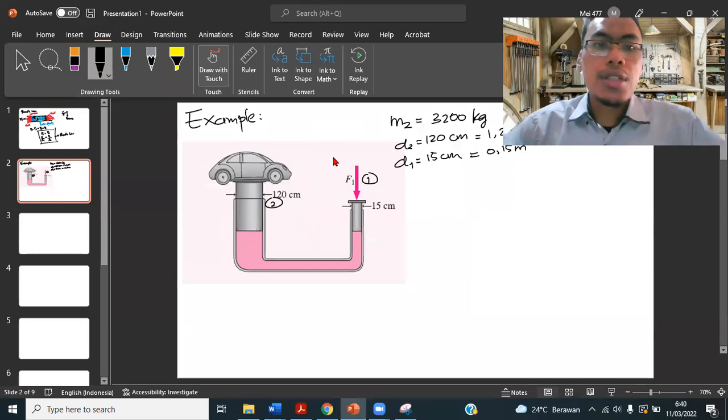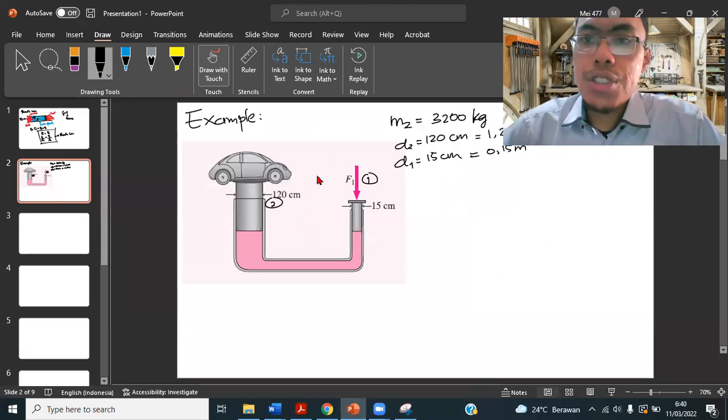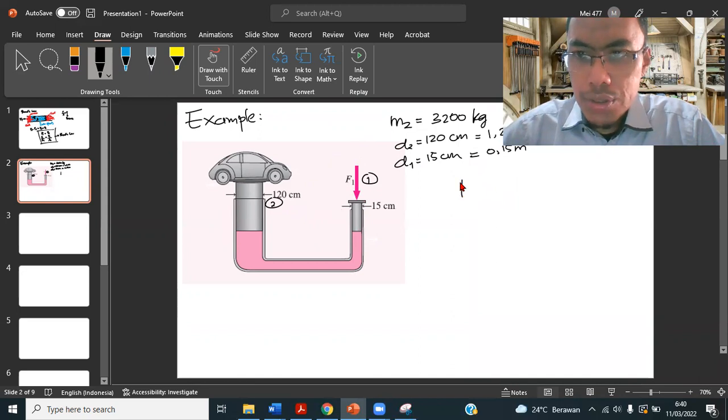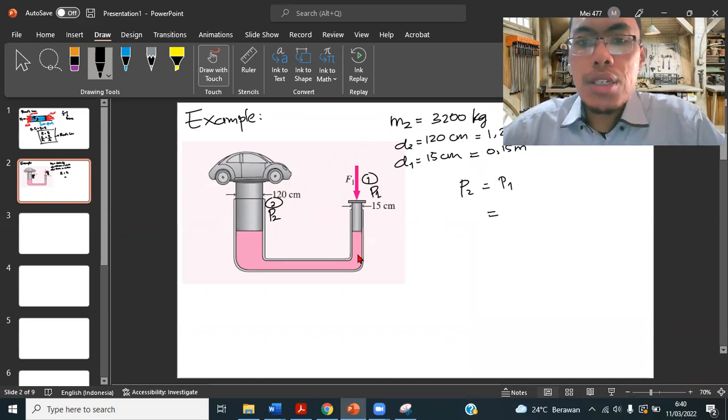Okay, now of course, this kind is the application of Pascal's law, so we have to write down the equation first. So P2, okay, in this point we got P2, and then this point we got P1. P2 equals P1, because the pressure that we give on point 1 will be transferred into point 2.